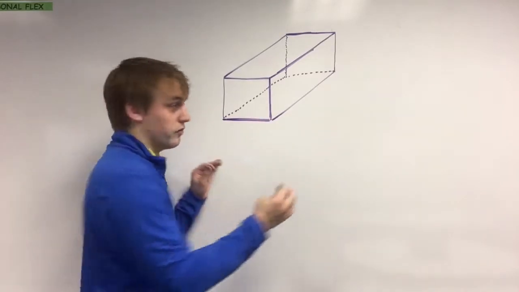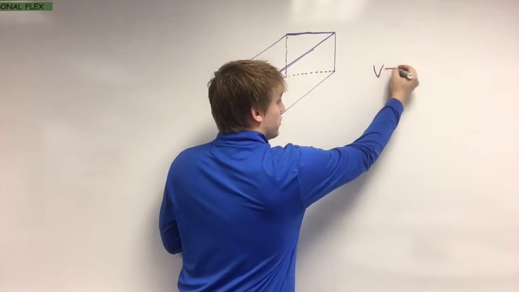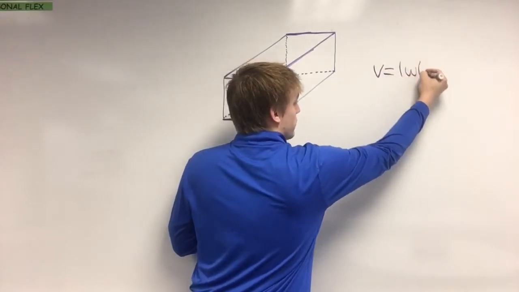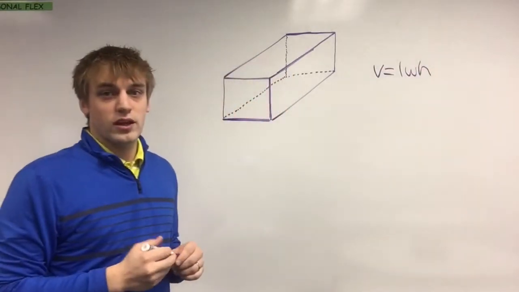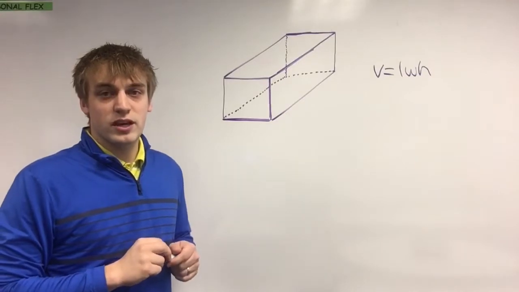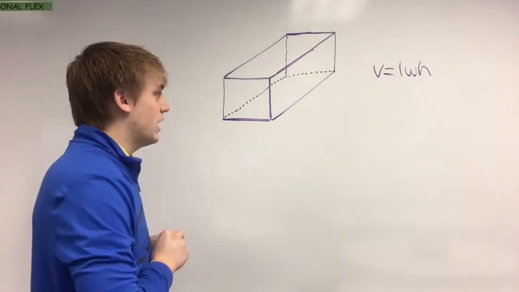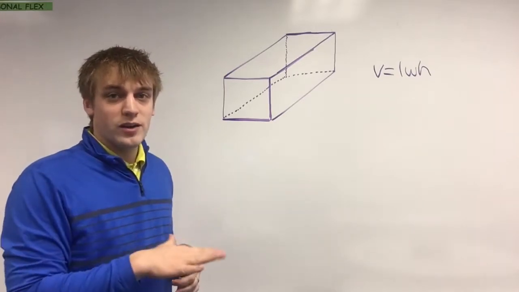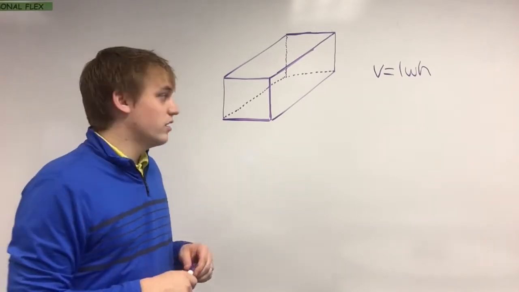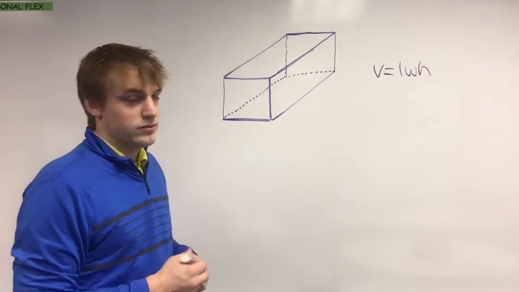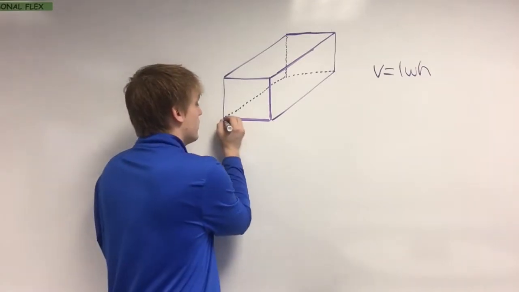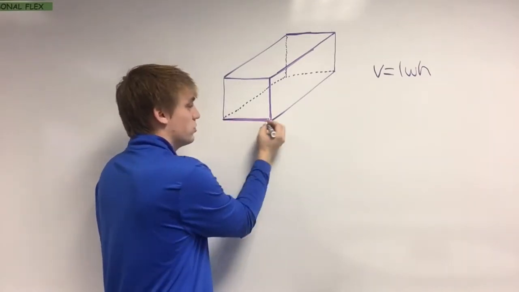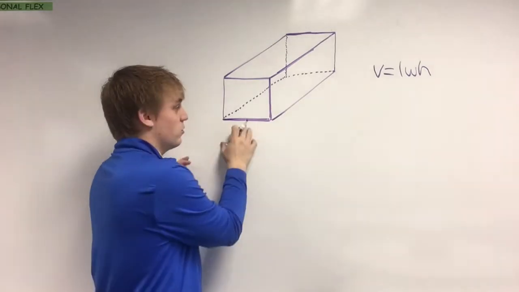The formula that we're going to use is volume equals length times width times height. The way that I think about it is that the length and the width are always on the bottom, or on the base, of the rectangle. So I take this, which I would say is the width.